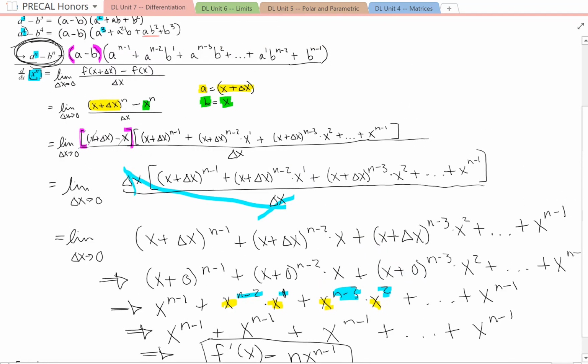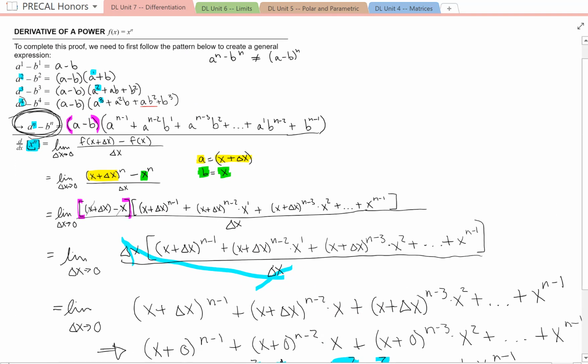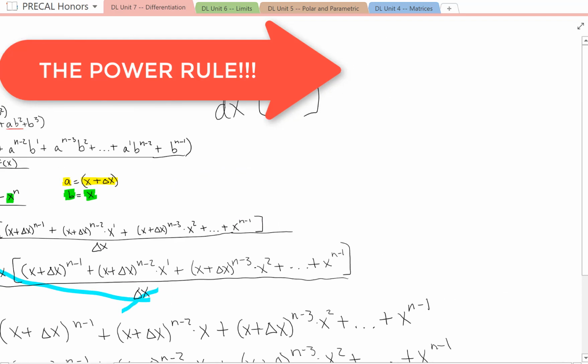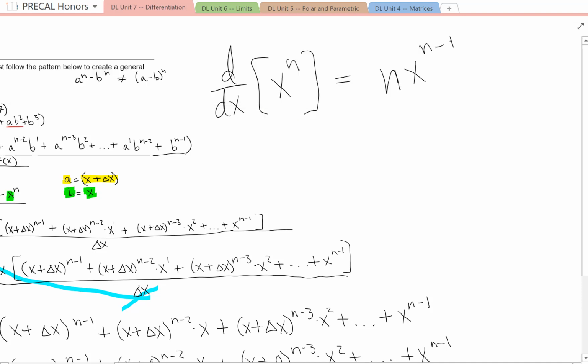This is called the power rule, okay? It's a huge thing. So the derivative with respect to x of a power is equal to n times x to the power of n minus 1.